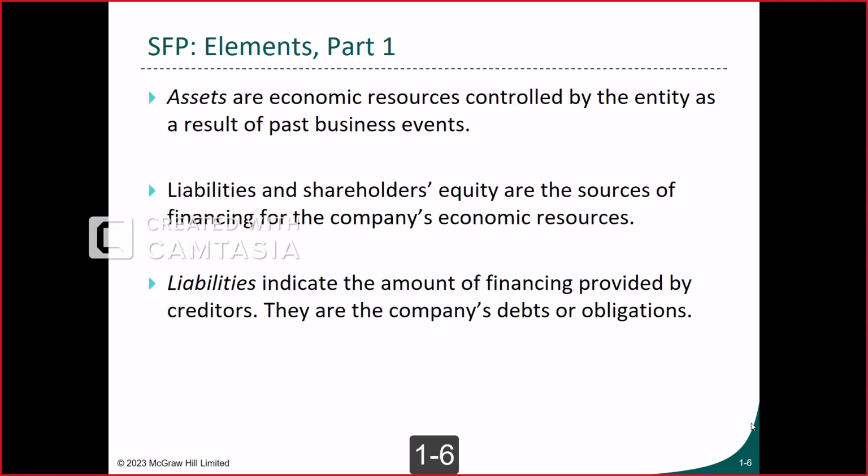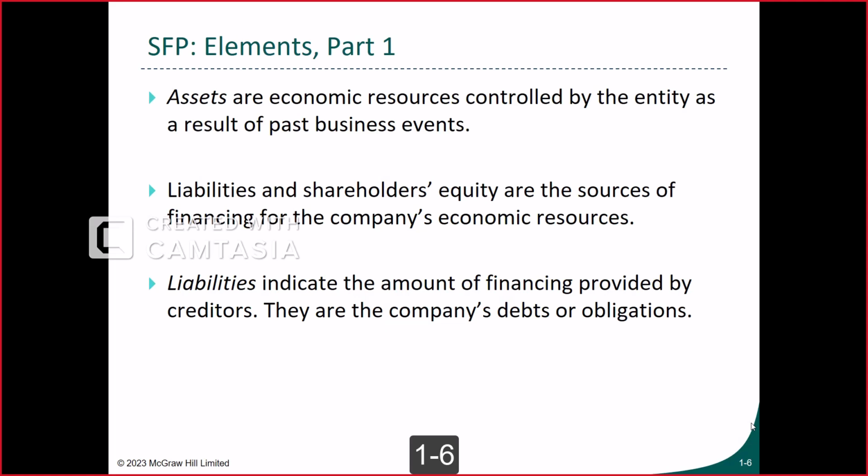So you have to disconnect asset from ownership, which is a very common mistake people will do. Thinking that the list of our assets only includes what we own, that is not correct. That is wrong.